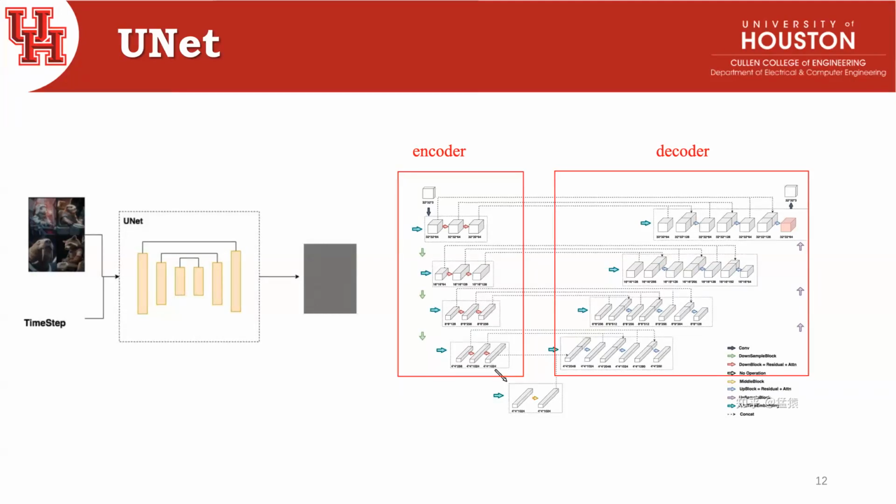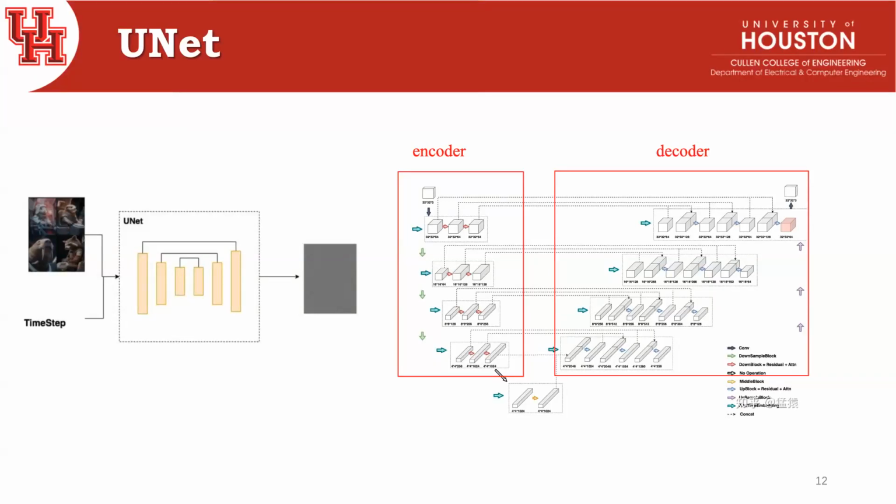For the encoder, the picture is sent in and gradually goes through downsample blocks. It downsamples the picture, and we put the whole real image into an embedding. The embedding we call the middle block. And the middle block goes to the upsample blocks, and we get a real picture from the decoder.